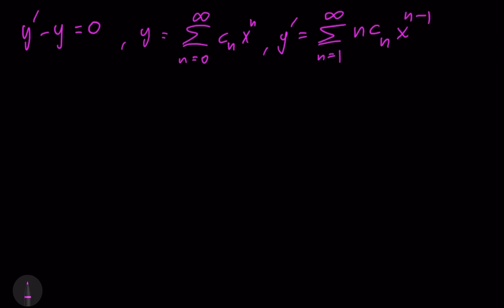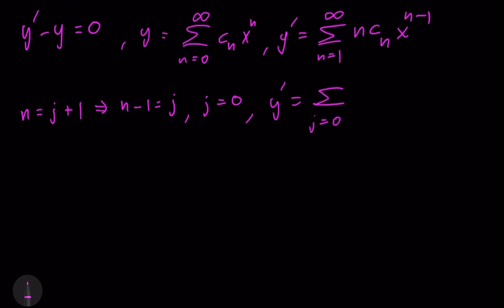And from here, I'm going to re-index the series, so I want n equal to j plus 1, which tells me that n minus 1 equals j, which also tells me that j starts from 0, and that y prime is now going to be the sum from j equals 0 to infinity of j plus 1, c sub j plus 1, x to the j.